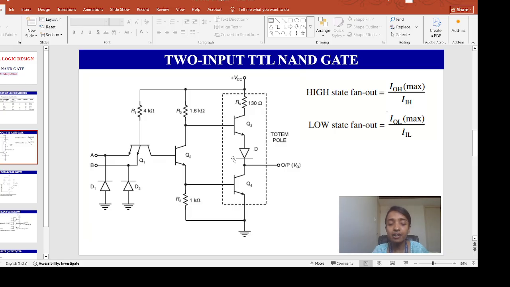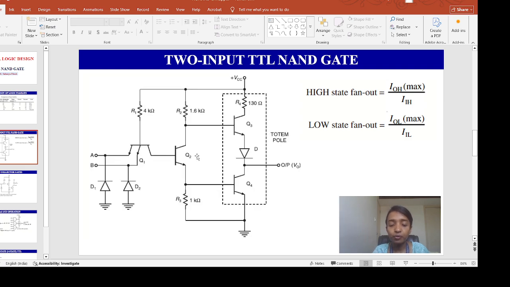This TTL uses transistors operating in the saturation mode, which is very important. And it is the fastest of the saturated logic families. The basic TTL logic circuit is the NAND gate. So why are we using TTL? It has good speed, low manufacturing cost, a wide range of circuits, and availability in small scale integration and medium scale integration.